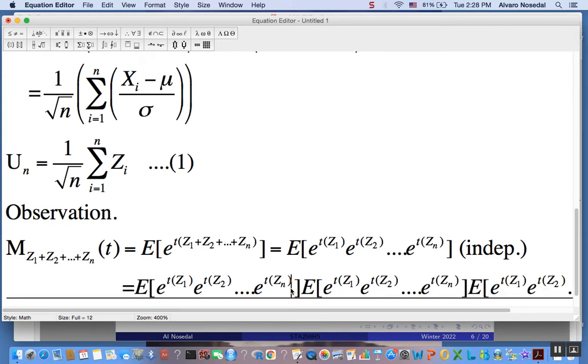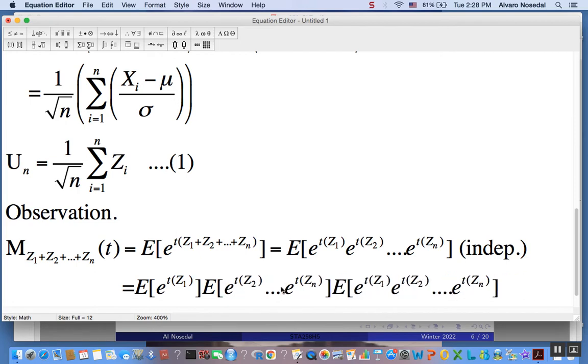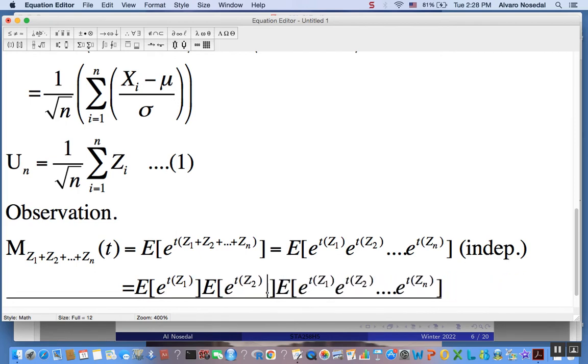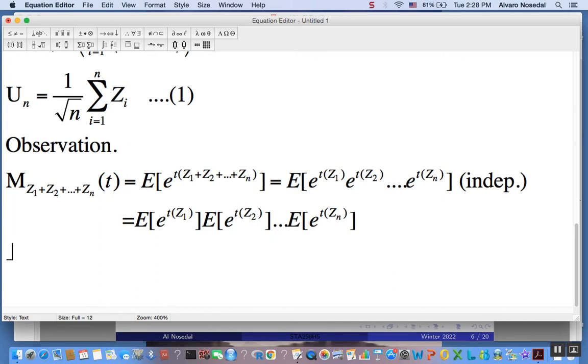Since they are independent, the expected value of a product is the product of expected values. These guys here are by very definition the MGFs of Z1, Z2, and Zn. Now, they are identically distributed.